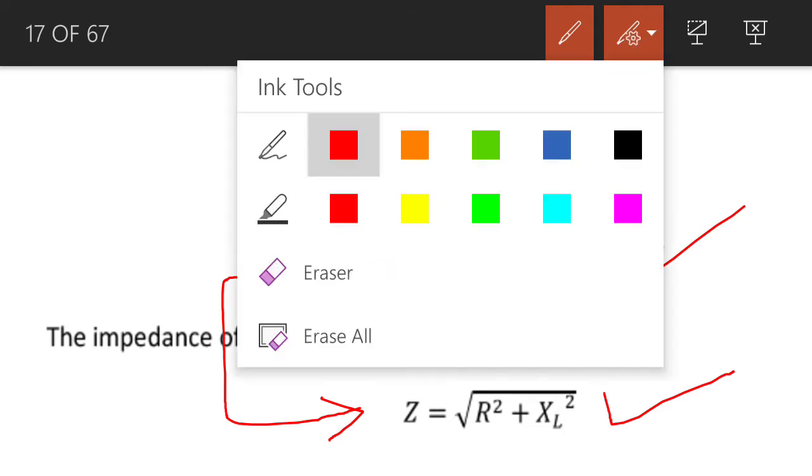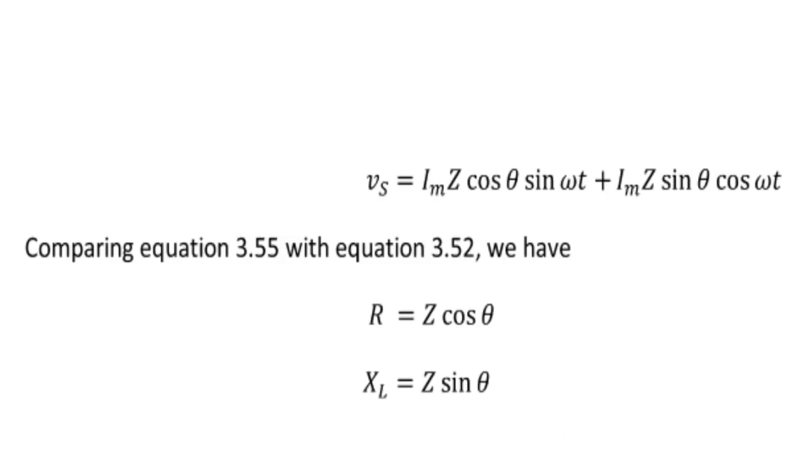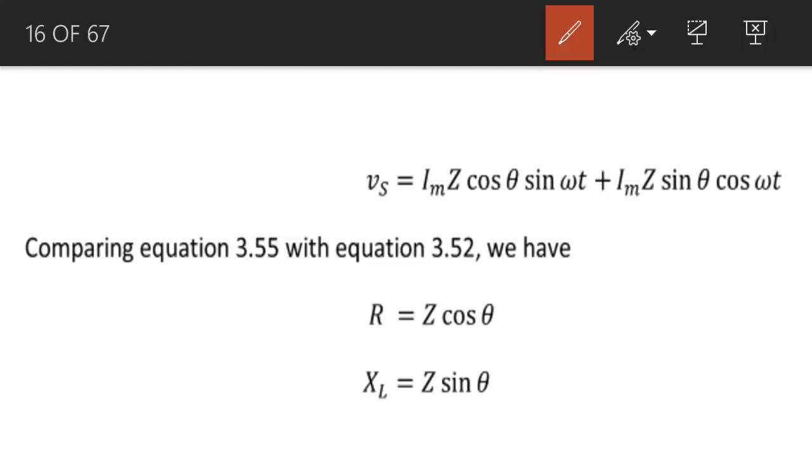Similarly, if you want to find out theta, for the calculation of theta, we divide this equation by this equation, right?